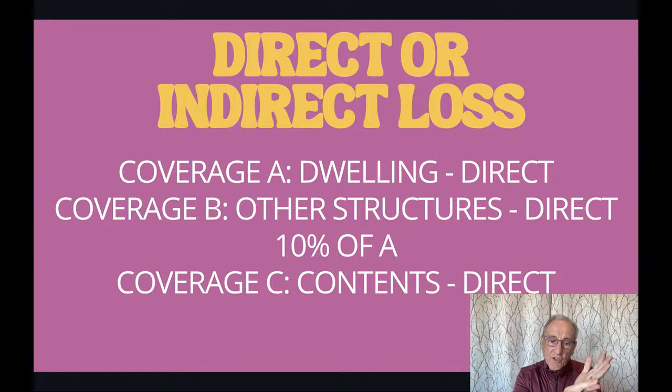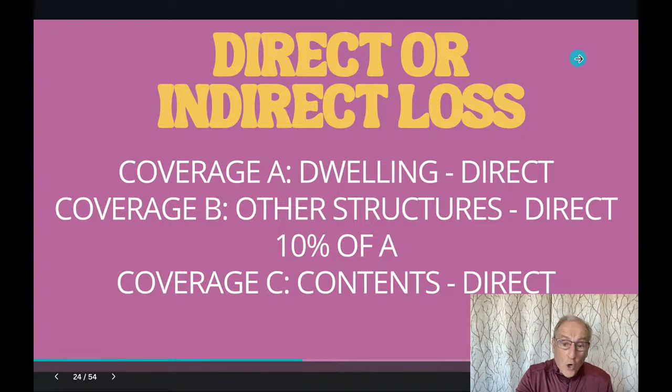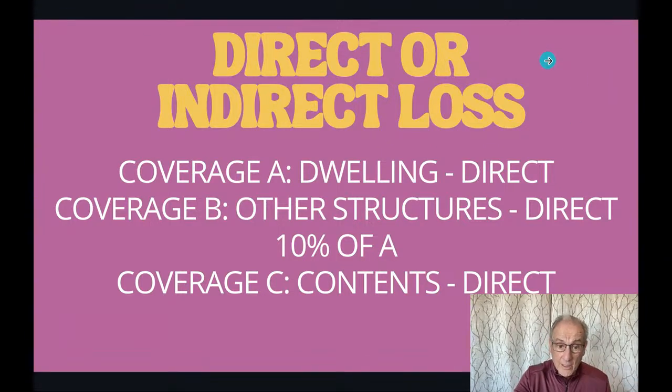Please notice on this slide, other structures are covered for 10% of A. So if I have a $100,000 building, I'm only covering the garage and the shed for 10,000. But that's kind of common. The coverage B is 10% of A. So you want to know how that works. And contents, these are all direct losses. And remember, contents are just the landlord's contents.